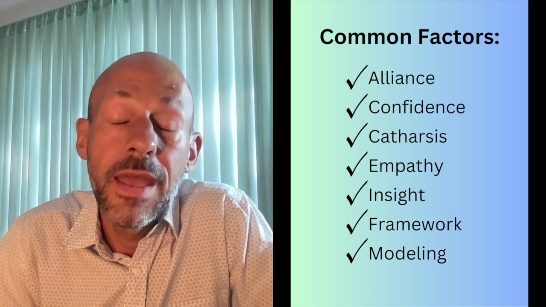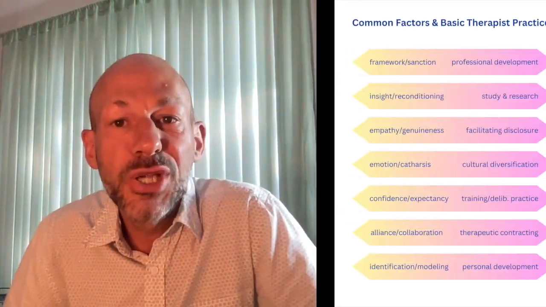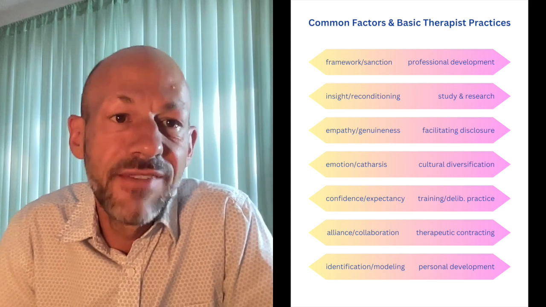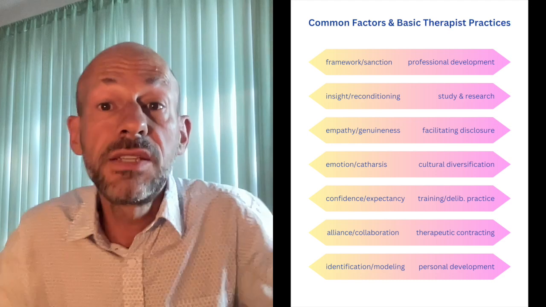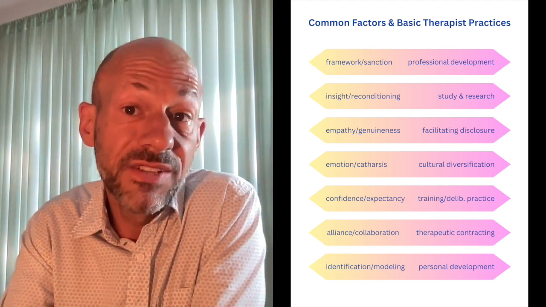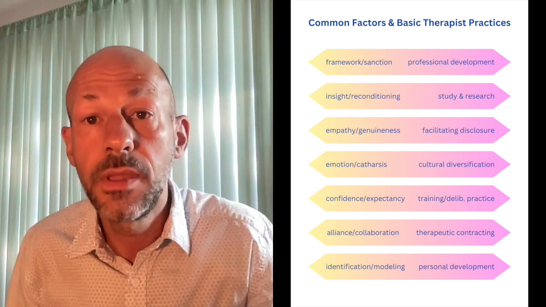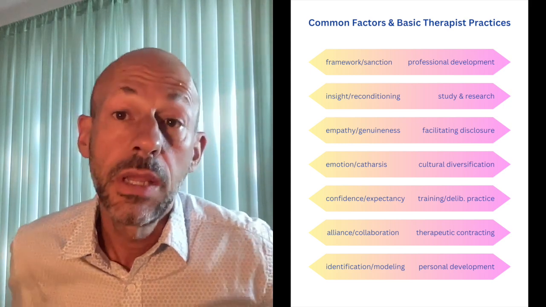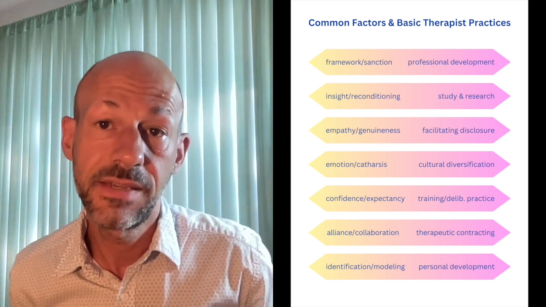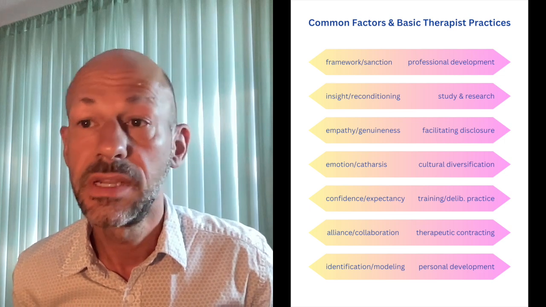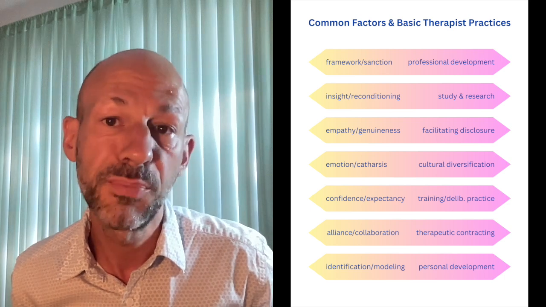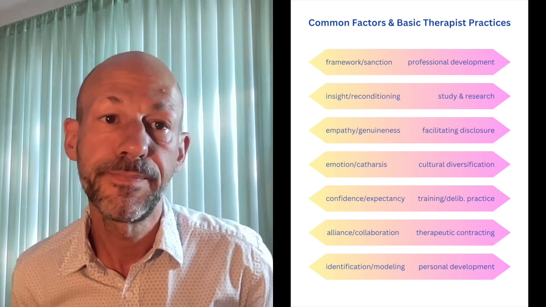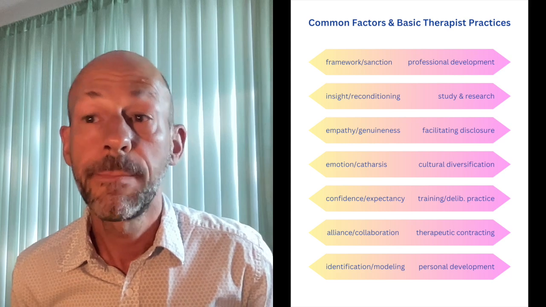Okay, and then we can look at a chart for these too to understand why you have these 7. And we can think in terms of pairs of common factors as well. And you end up with this chart with their associated basic therapist practices, which are, again, the kind of basic skills of a therapist, regardless of what particular approach they may be using. Okay? And that's the common factors.